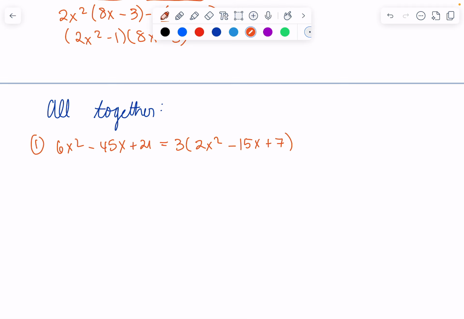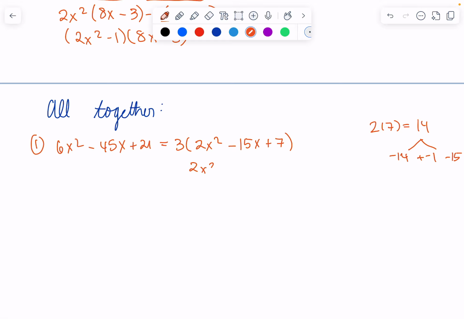Now, at this point, now that you know all the methods, you need to look at the part that's in the parentheses and see if it can be factored further. So this has an a value other than 1, so I have to multiply 2 and 7, which gives me 14. Check to see if there are two numbers that multiply to 14 but add to negative 15. Those values would be negative 14 and negative 1. So now I'm going to do the AC method, the split the middle method.